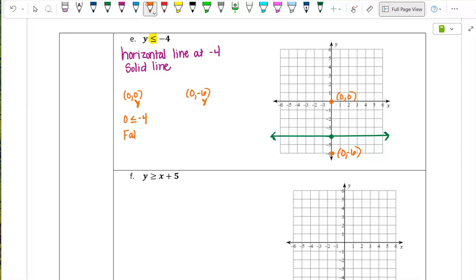This is false. If I put in -6, is -6 less than or equal to -4? Yes, -6 is further left on the number line, so it's the lesser number. So this is a true statement. So I need to shade the side with the 0, -6.